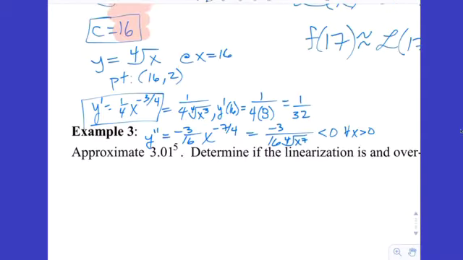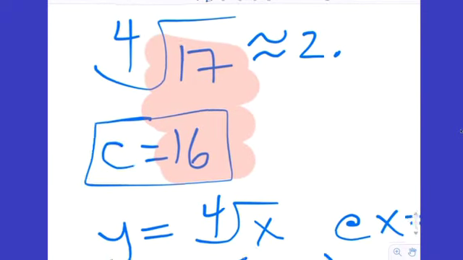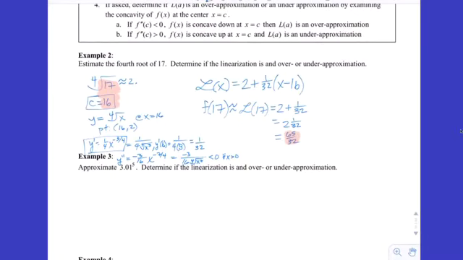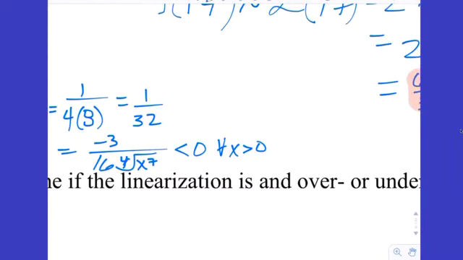Now, if I say greater than 0, does that cover the x interval I'm working on from 16 to 17? Yes. You want to make sure it covers not just the point of tangency and not just the point you're trying to approximate at, but everything in between. So by saying the second derivative is negative everywhere to the right of 0, that covers it. If the second derivative is negative, remember you could draw the little frowny face.